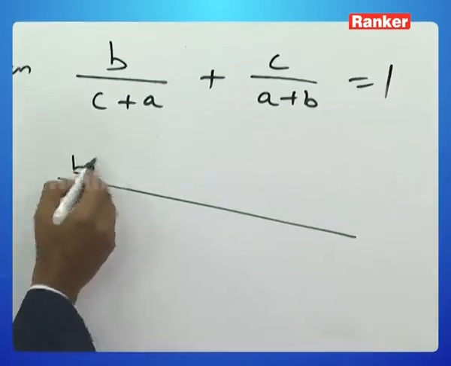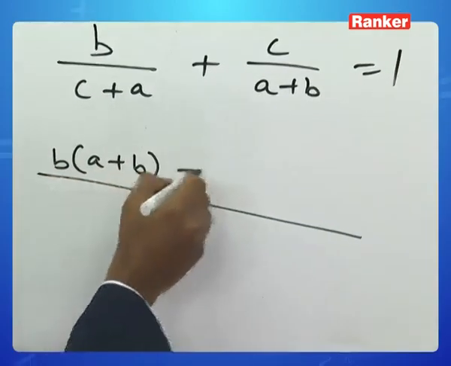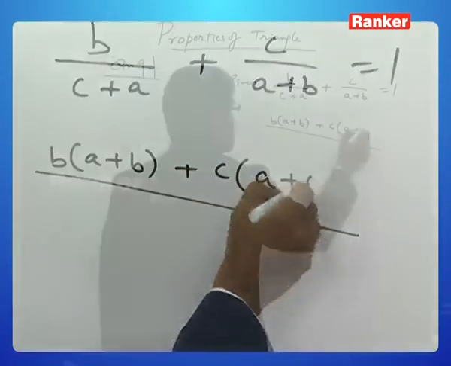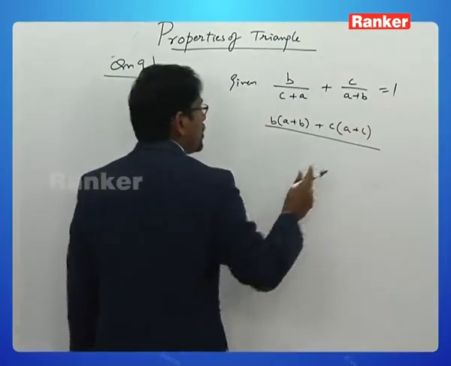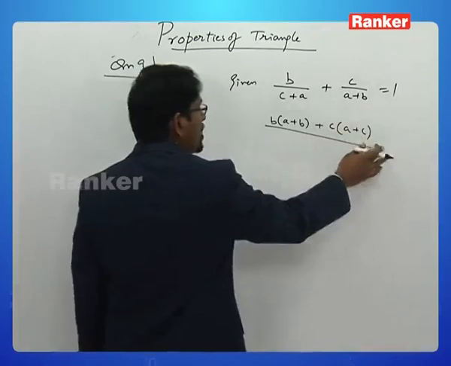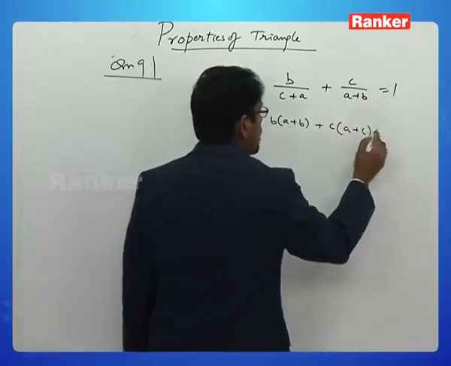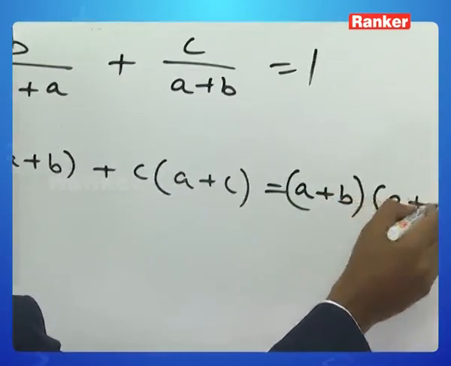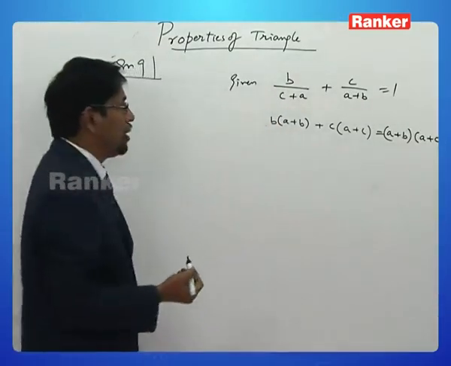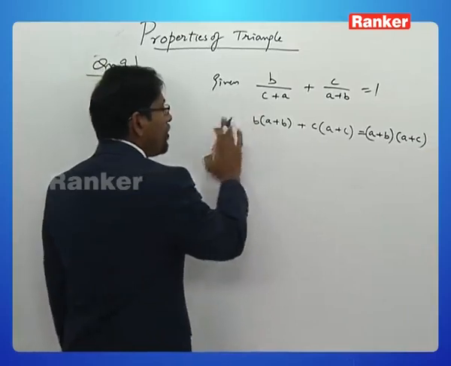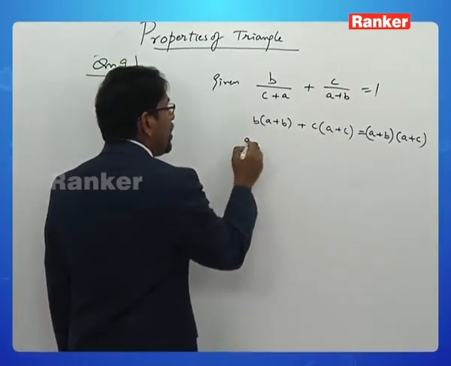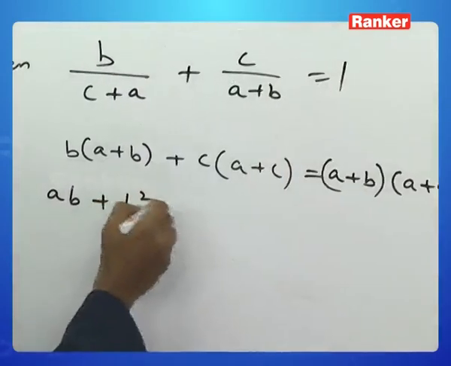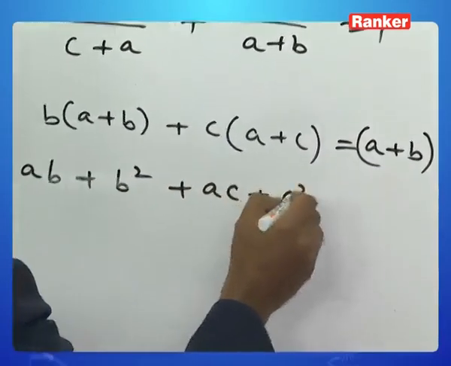What do we have? b into a plus b plus c into a plus c is equal to a plus b into a plus c. Let's take it the other side. So what do we have here? ab plus b square plus ac plus c square.